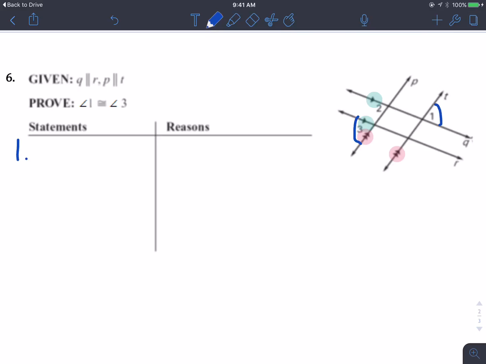But I'm going to start with what we know. Q and R, P and T, and that's all are given. And then I'm going to start connecting what I see in the picture. So while 3 and 1 are not alternate exterior, 3 and 2 are corresponding.